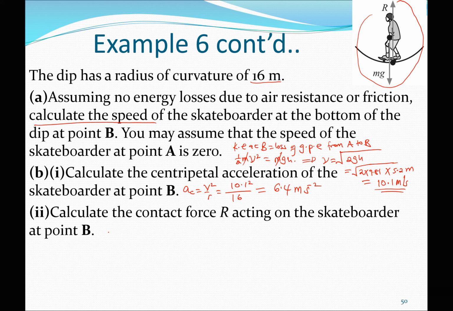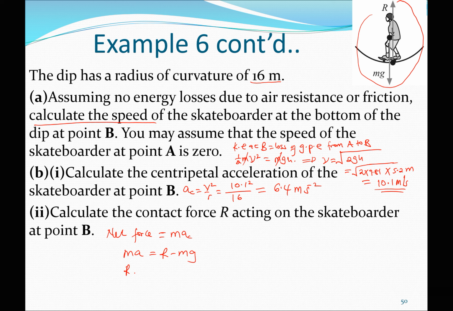So the resultant force, the net force, is given by the mass times the centripetal acceleration, and it is going to be equal to the difference between those two forces. If the resultant force points towards the center, then this is going to be equal to R minus mg. R is the contact force, minus mg, that gives us the resultant force.